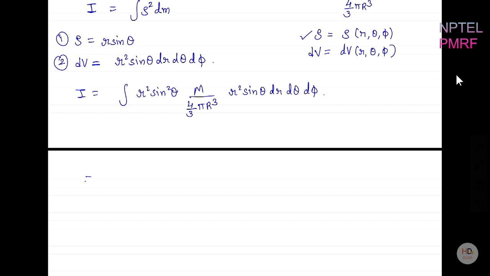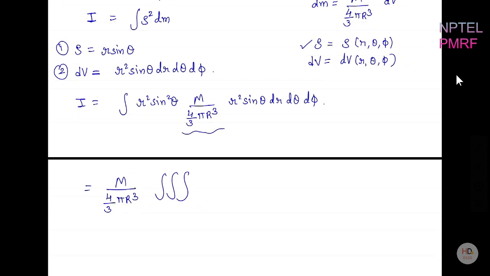Okay, so I can pull out these constants, m by 4 by 3 pi r cube, and then the integral, which I was just writing as just one integral, but r is running from 0 to capital R, theta is running from 0 to pi.